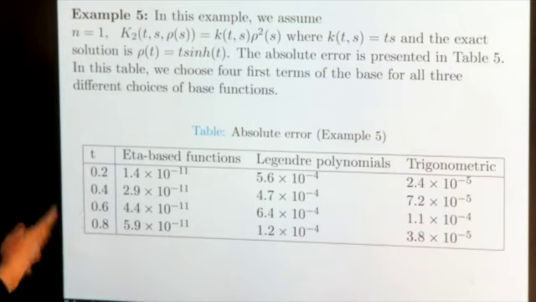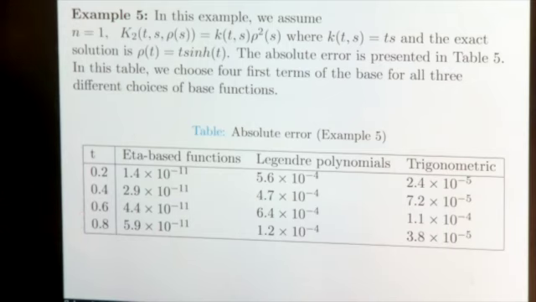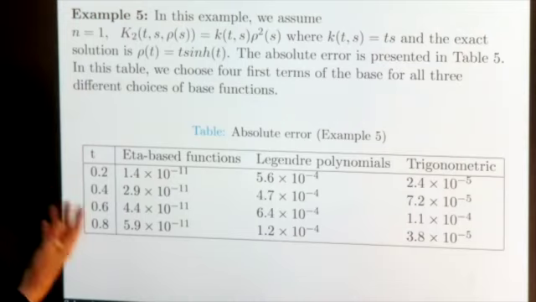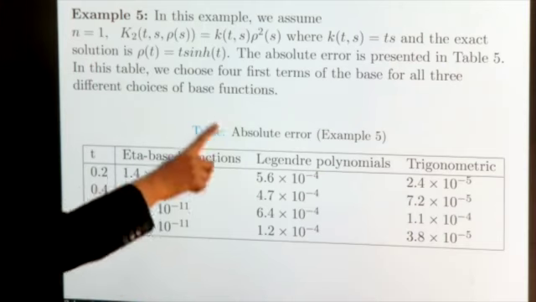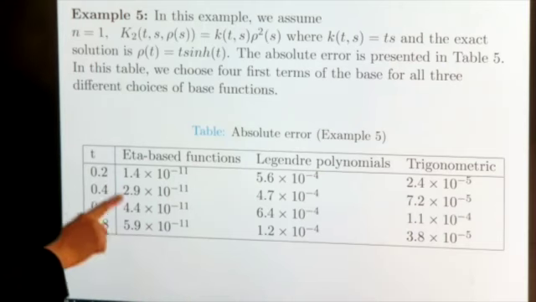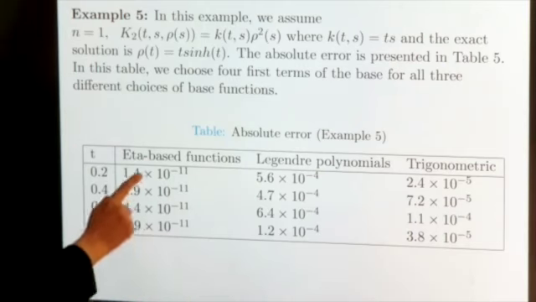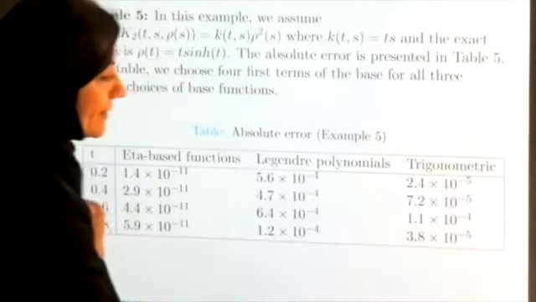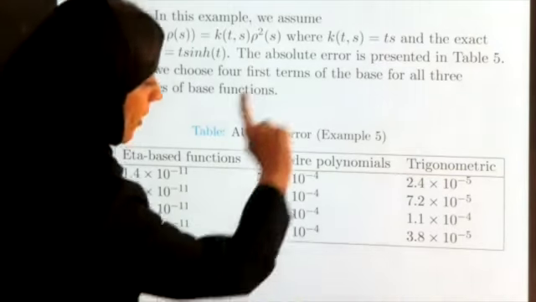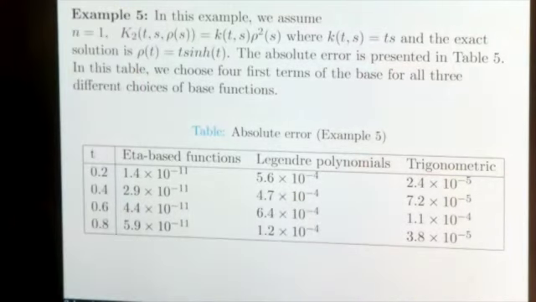We choose for the first term of the base all three different choices of this function, and you can see here the absolute error by using the eta-based function is about 10 to the minus 11. But for Legendre and trigonometric function, it's about 10 to the minus 4.